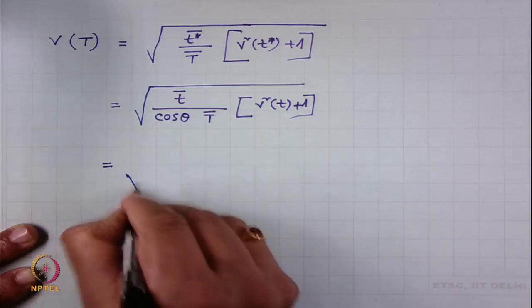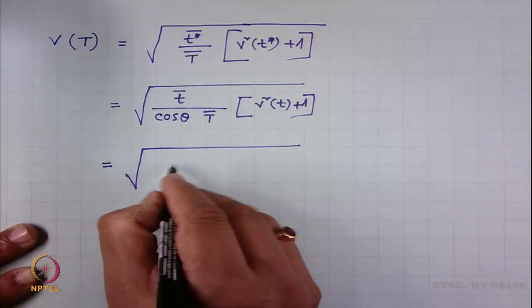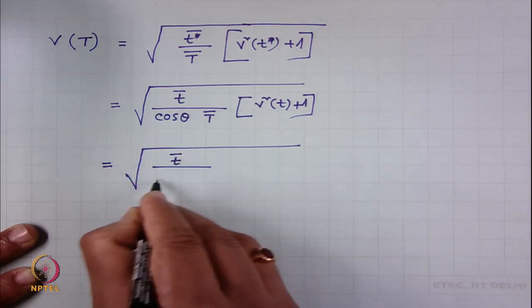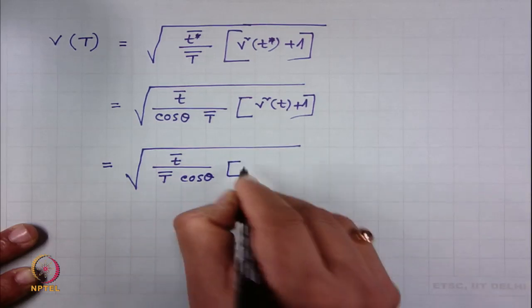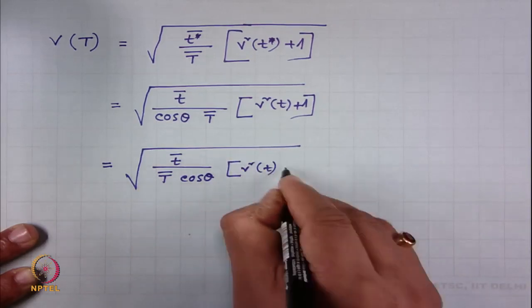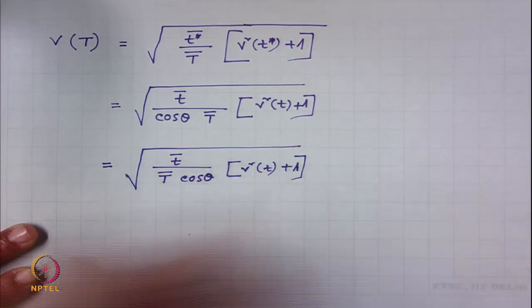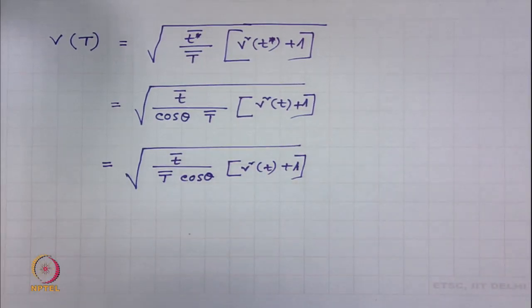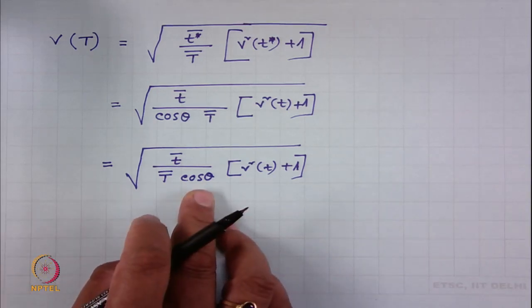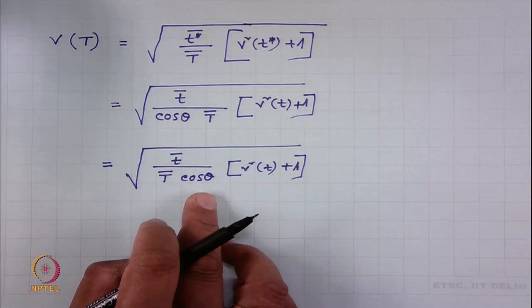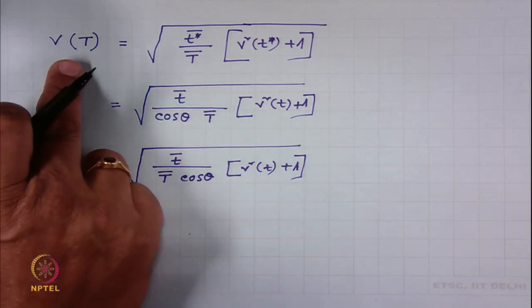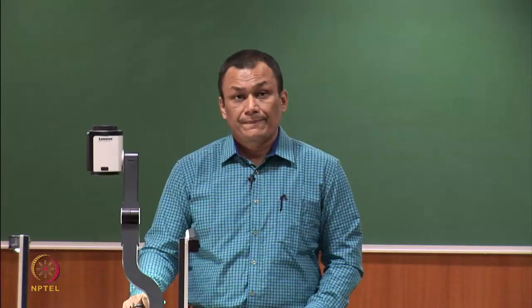So, what we see is that because of the inclination, the CV of sliver fineness is higher.